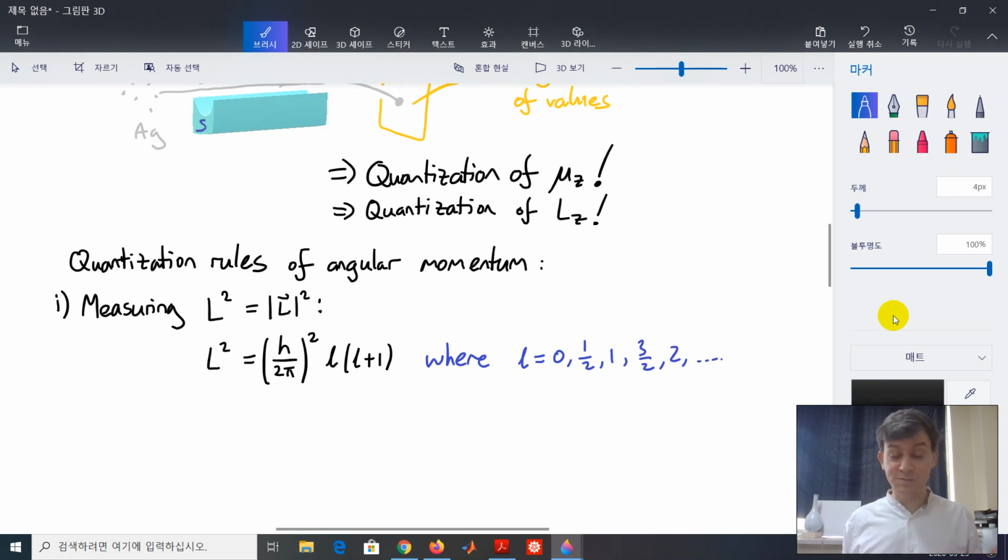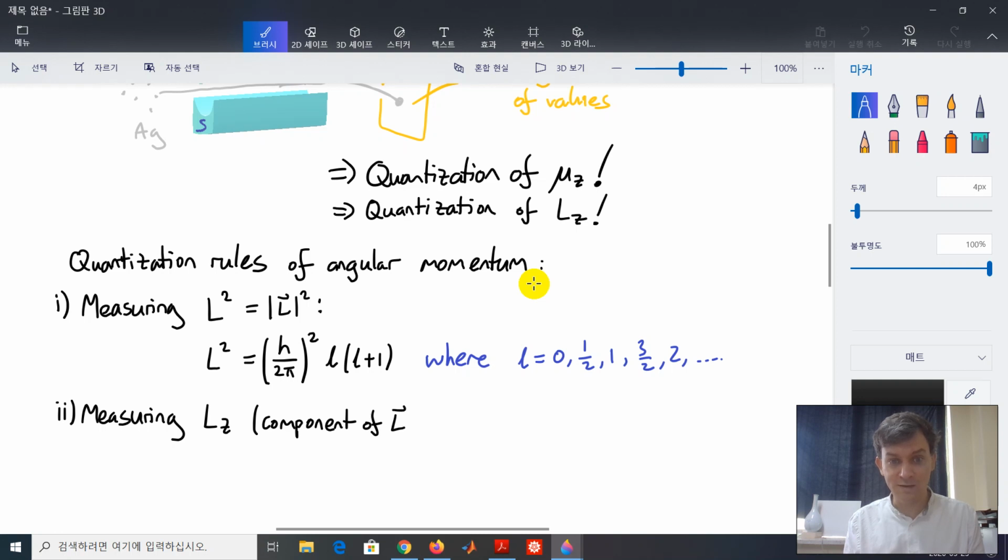Again, I can't prove this, but this is the result you find. If you ever measure the total angular momentum squared of a system, then you find it must have a form like this for some integer or half integer L. Secondly, this is where you are measuring a component of L. Usually we choose the z component, although obviously it doesn't matter, you can choose your axes wherever you like. So this is a component of L in a particular direction, which is what the Stern-Gerlach experiment does.